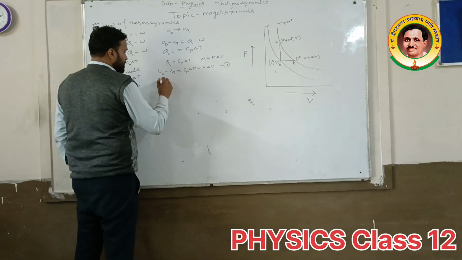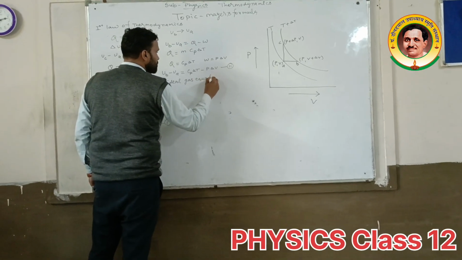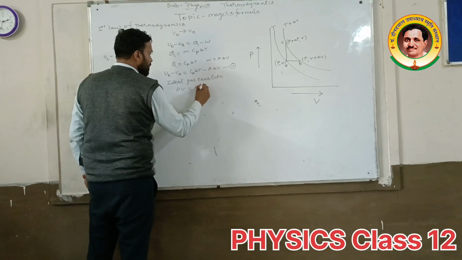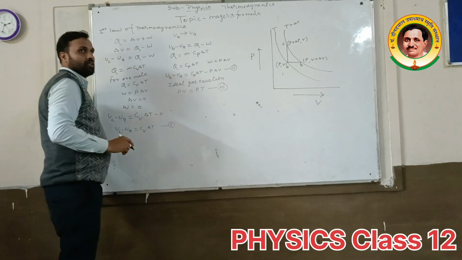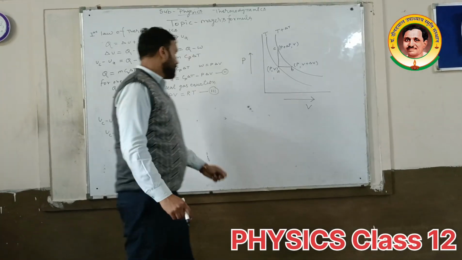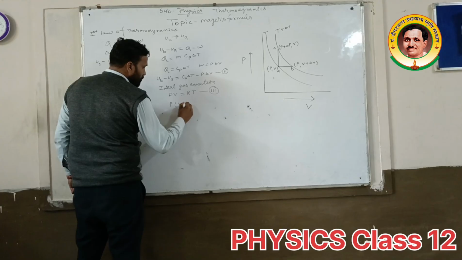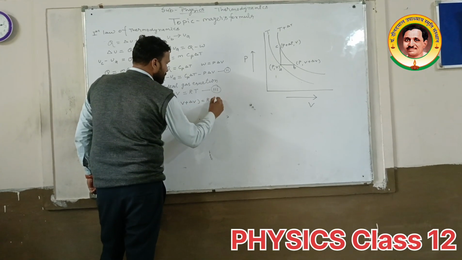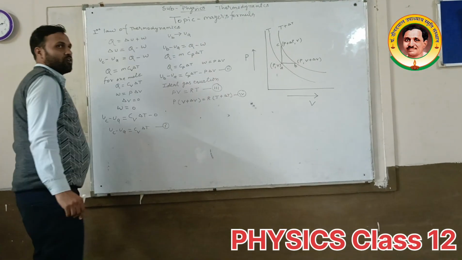From the ideal gas equation, we know very well that PV equals RT. Let us suppose this is equation third. On increasing the temperature from T to T plus delta T, we can write P into V plus delta V equals R into T plus delta T. Let us suppose this is equation fourth.